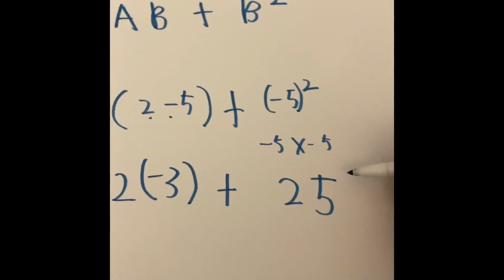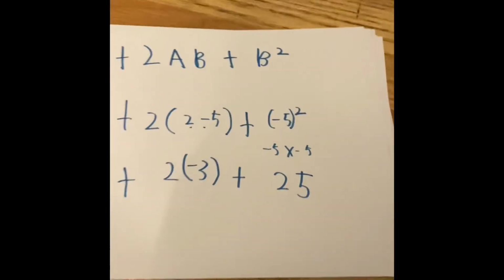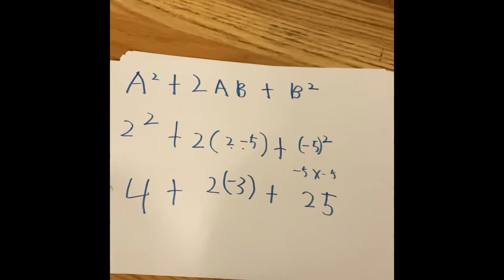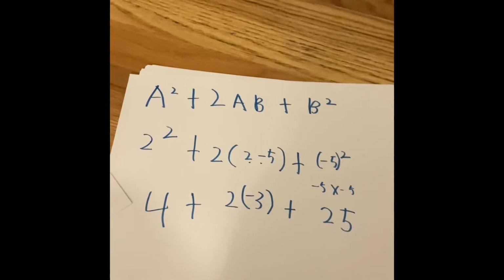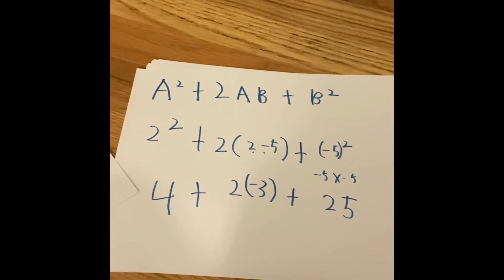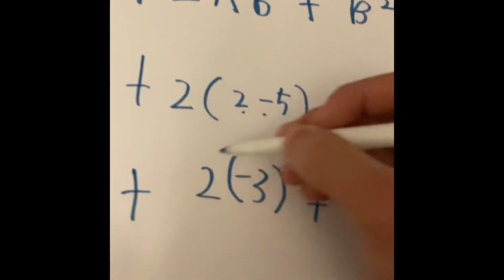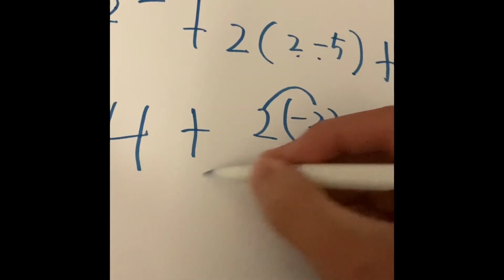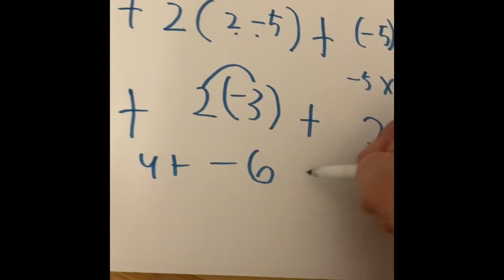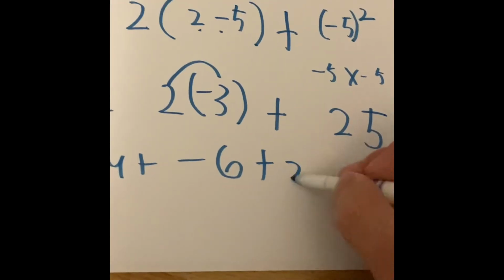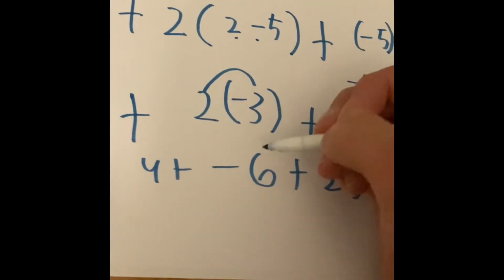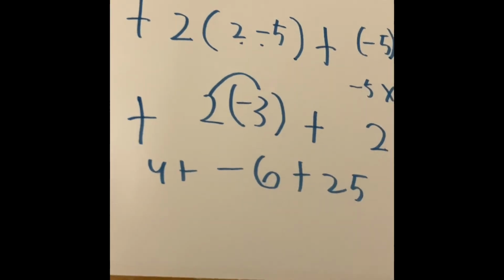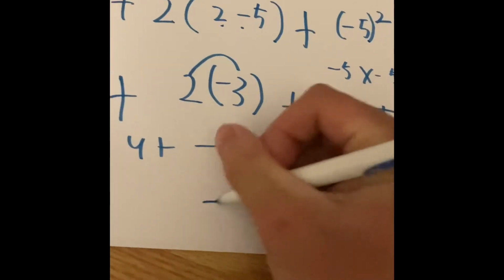So basically, we have simplified the problem, and now we're going to figure out what our answer is. We have 2 multiplied by negative 3, that is a negative 6. So now we have 4 plus negative 6 plus 25. 4 plus negative 6 becomes negative 2.